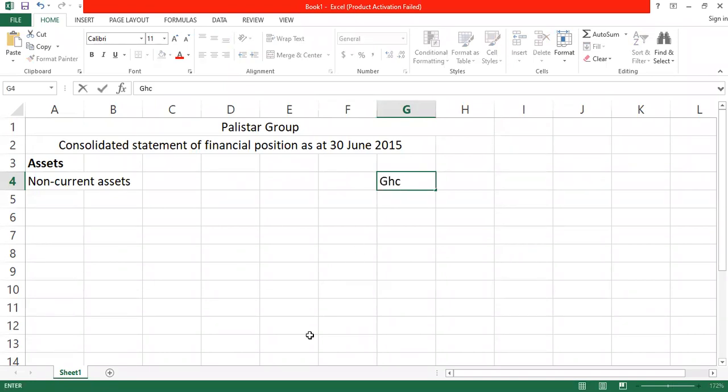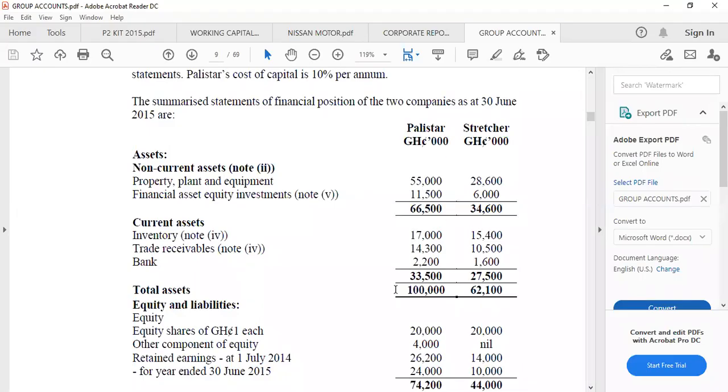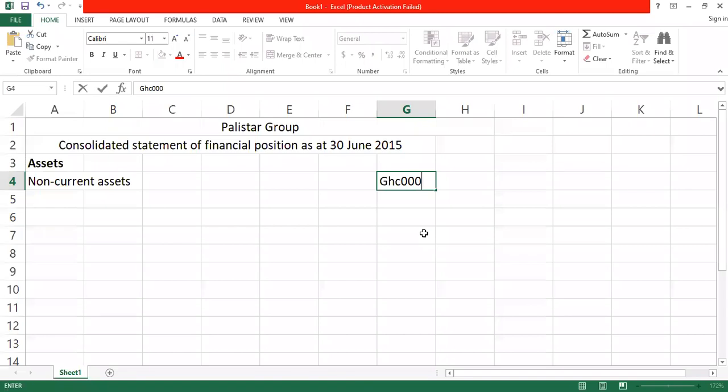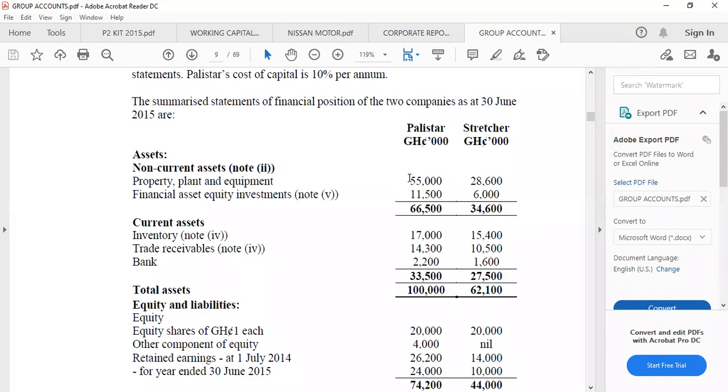I hope they are keeping 3 zeros. Okay, they are keeping 3 zeros at the top. So if you like, you can also do the same thing. So for the non-current assets, we have property, plant, and equipment, isn't it? You are preparing a consolidated statement of financial position. So you pick that of the subsidiary and also the parent. So the parent is 55,000.